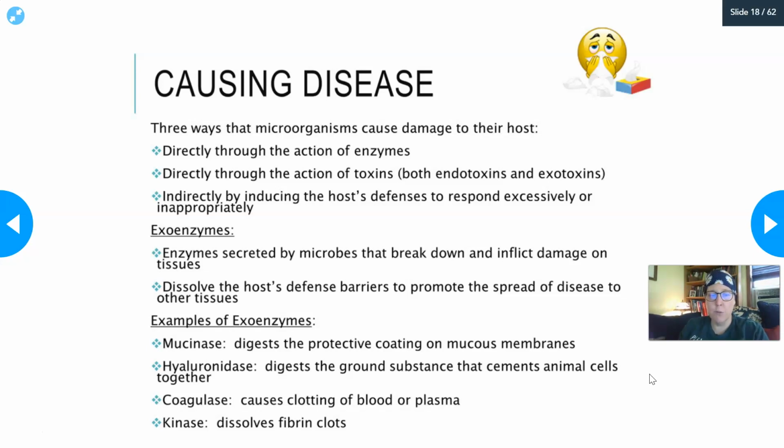Examples of exoenzymes, we have mucinase, which digests the protective coating on mucous membranes. Hyaluronidase will digest a ground substance that cements animal cells together, so it can actually separate your cells so it can get in. Coagulase can cause clotting of blood or plasma, and kinases can dissolve fibrin clots, which then can cause bleeding.